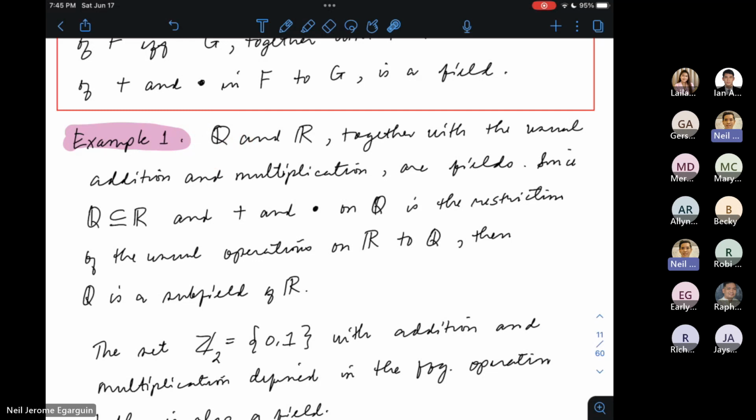Commutative ang addition at multiplication ng real numbers. So by inheritance, commutative din ang addition at multiplication kay Q. Yan yung dahilan kung bakit pag pumunta tayo ng supermarket, pwede lang kumuha yung cashier ng kahit anong object from our baskets at i-punch without regard to order, kasi parehas lang naman yung sum ng presyo na babayaran natin kung nauna man yung petchay kaysa dun sa binili mong bigas or something like that, all right?